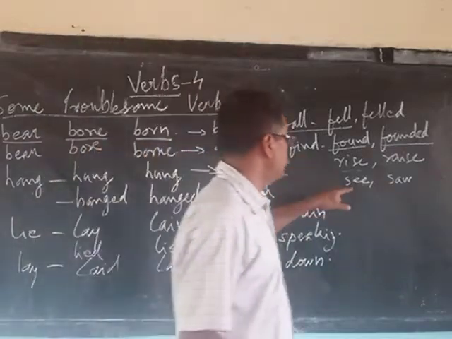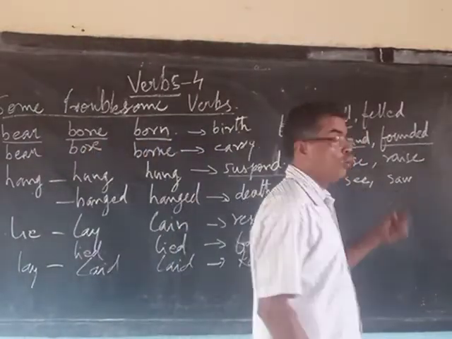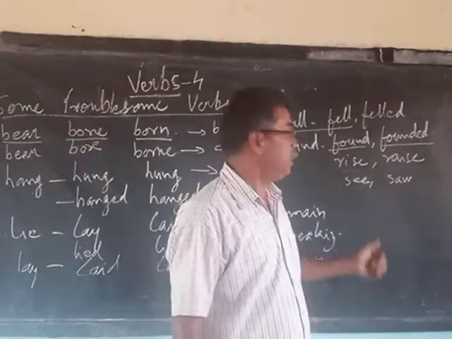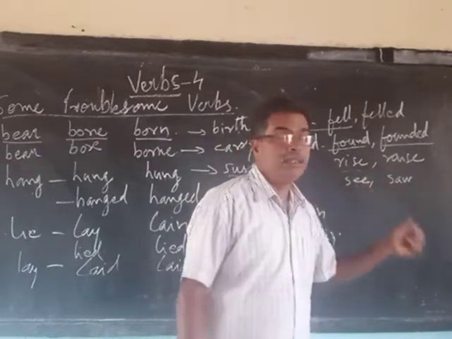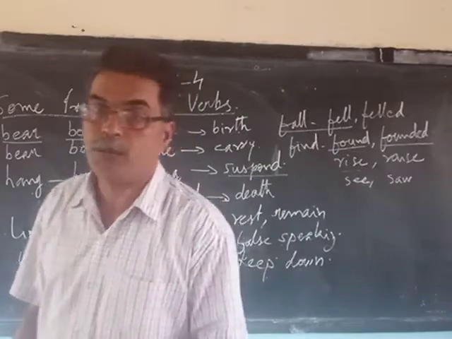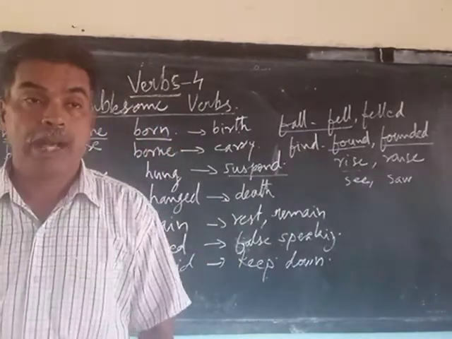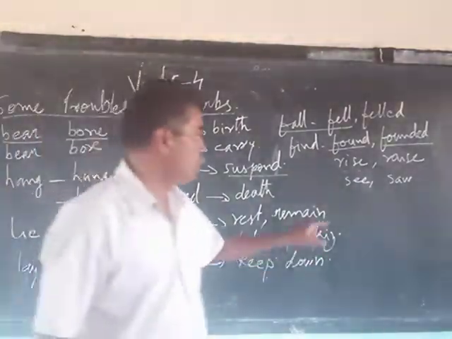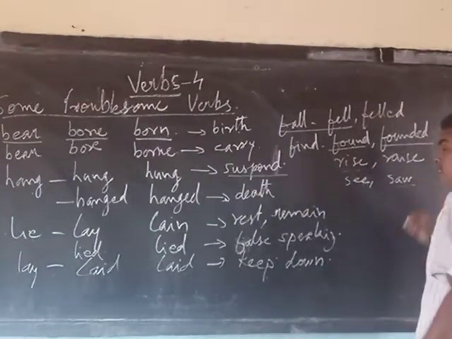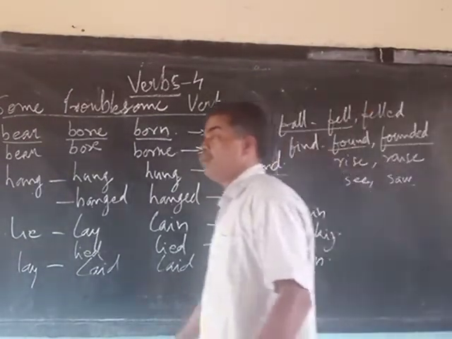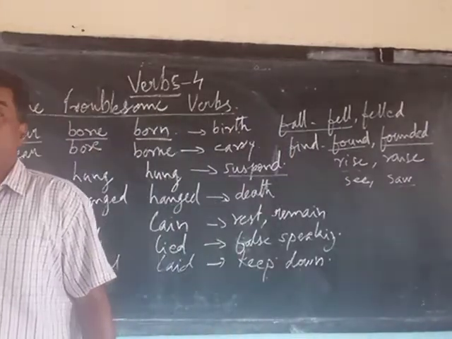And the next one is see and sow. Seen is a normal word which we know. I see that. I have seen that. The past tense is necessarily saw. Now, sow itself is another V1 form of the verb: sow, sowed, sowed.